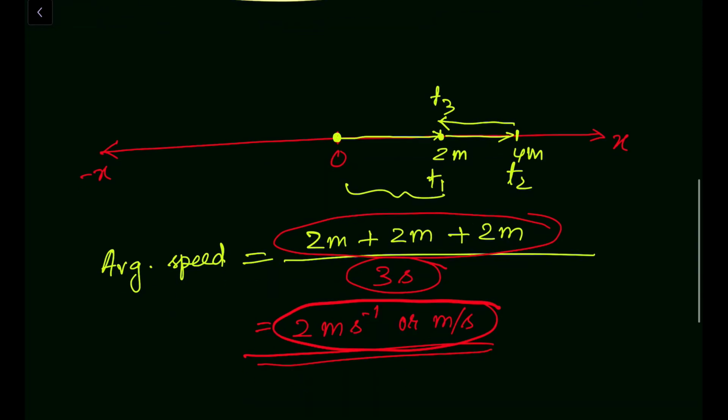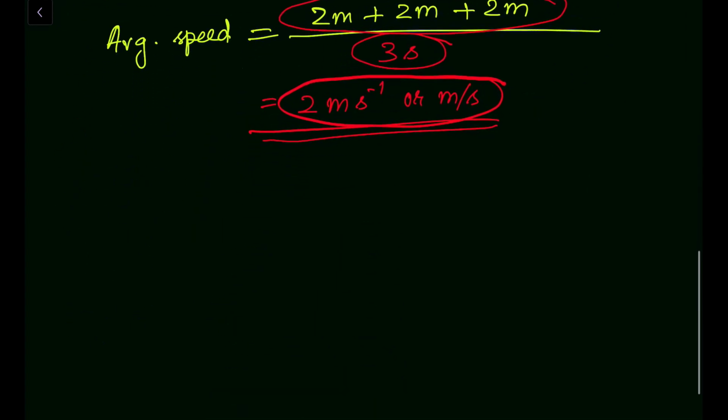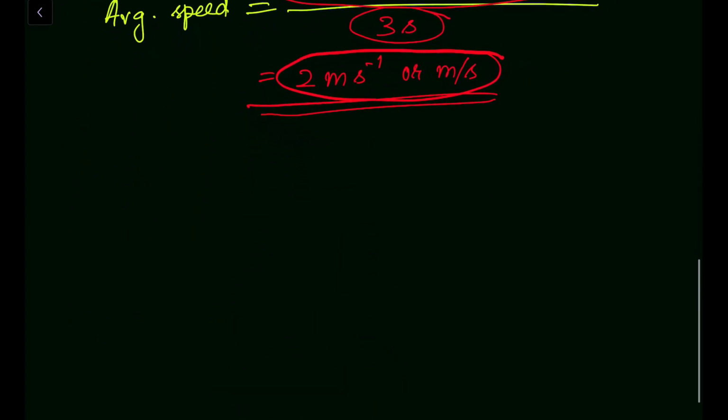Now we will consider the same example and find the velocity. So now let us understand what average velocity is. Average velocity is a vector quantity. Velocity is always related to the displacement, and we know that displacement is a vector quantity.